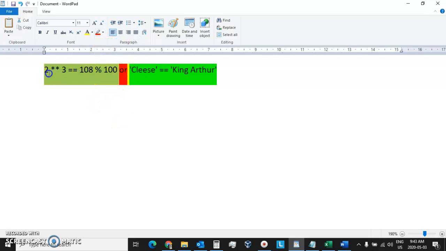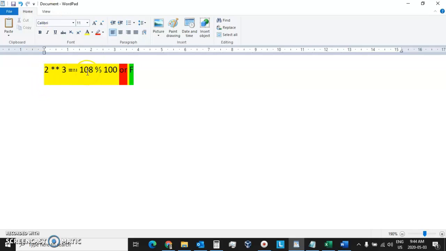Okay, so left side or right side have to be true for the whole thing to evaluate to true. So let's start with the right side. So Cleese, that's the name of an actor, equals the string King Arthur. Well, maybe if he's an actor, he might equal it, but when we're talking about Python strings, that is definitely false. So the left side or the right side evaluated to false.